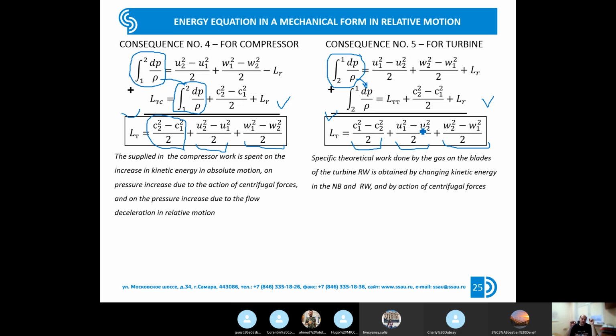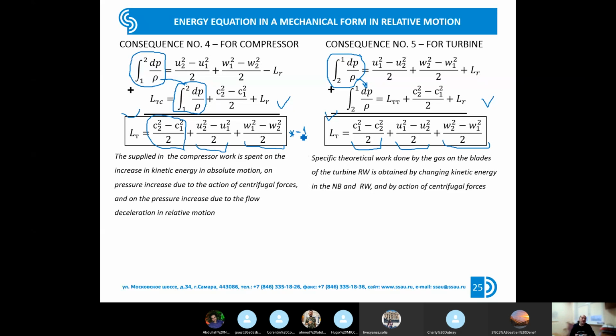You see that these two equations, one for the compressor and the second for the turbine, are really the same. Only one difference between them, we already discussed it. You need to multiply the first equation by -1 to receive the second equation.